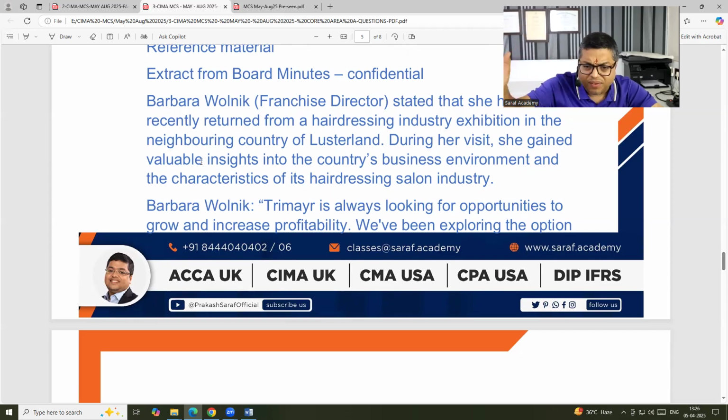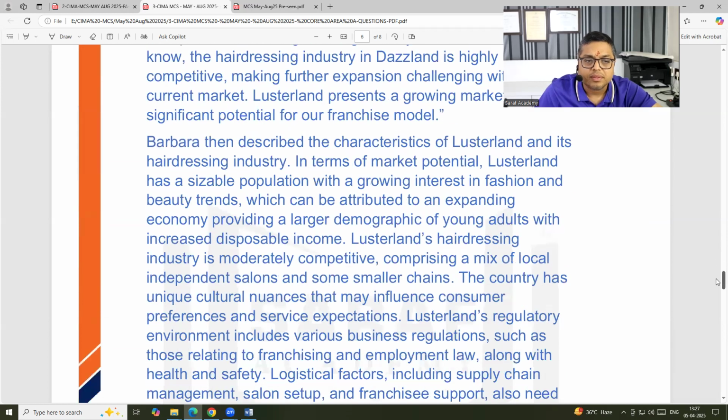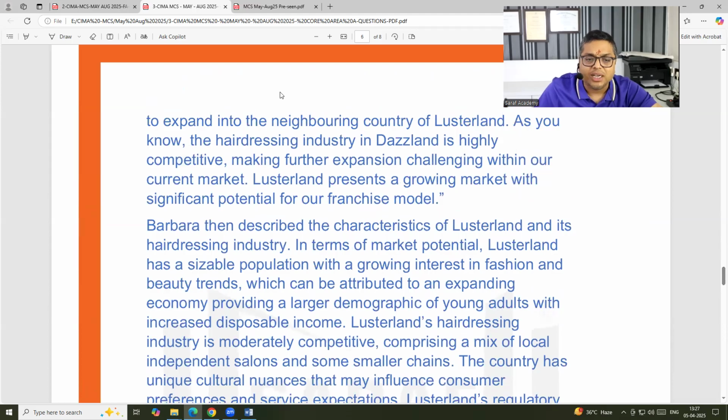Every business would be looking for this. We have been exploring the options to expand into the neighboring country of Lusterland. We were already trying to do that. As you know, the hairdressing industry in Dageland and our country is highly competitive, making further expansion very challenging.